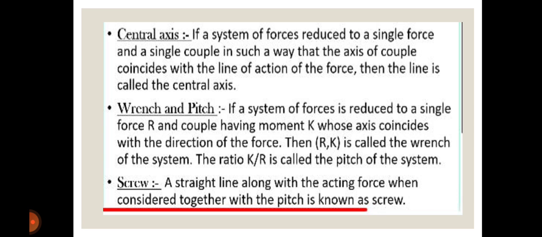If a system of force is reduced to a single force R and a couple having moment K whose axis coincides with the direction of the force, then R and K are called the wrench of this system. The ratio K by R is called the pitch of the system. And here is the definition of a screw. A straight line along which a force acts, when considered together with the pitch, is known as a screw.